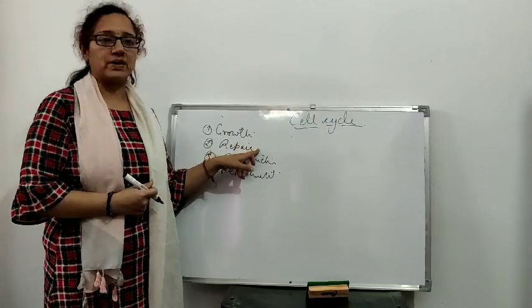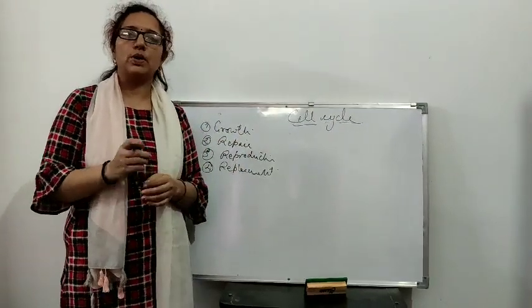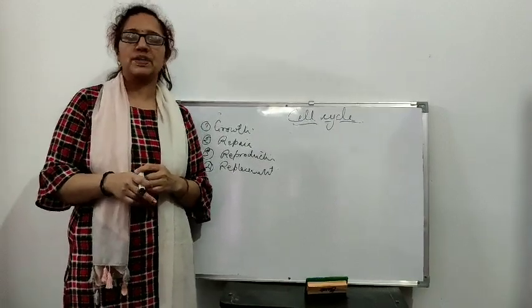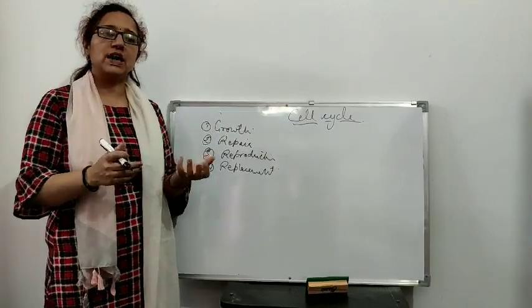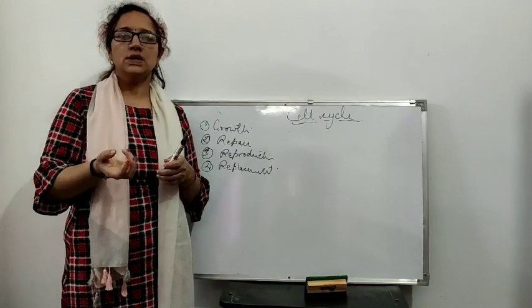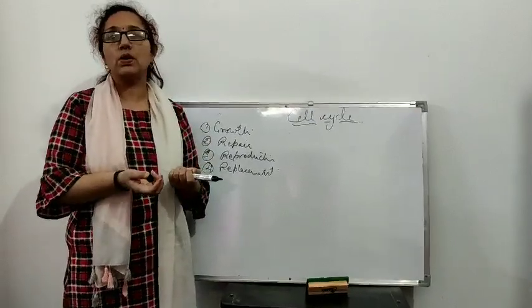Second one is repair. Repair means when you fall sometimes, your body gets injured and some of the cells get ruptured and damaged, and sometimes you start bleeding. But after some days that wound is healed. If you are injured, that injured portion doesn't remain like that for the whole of life.